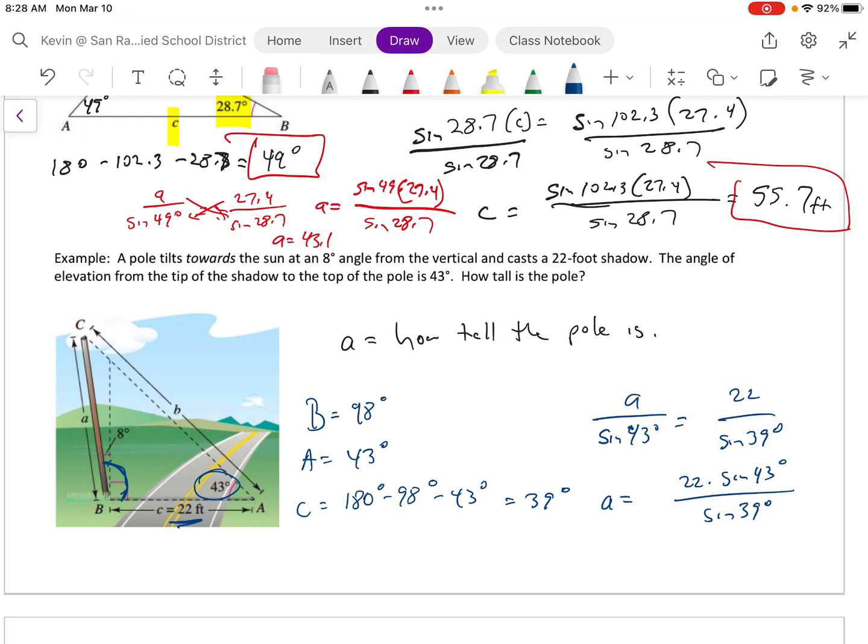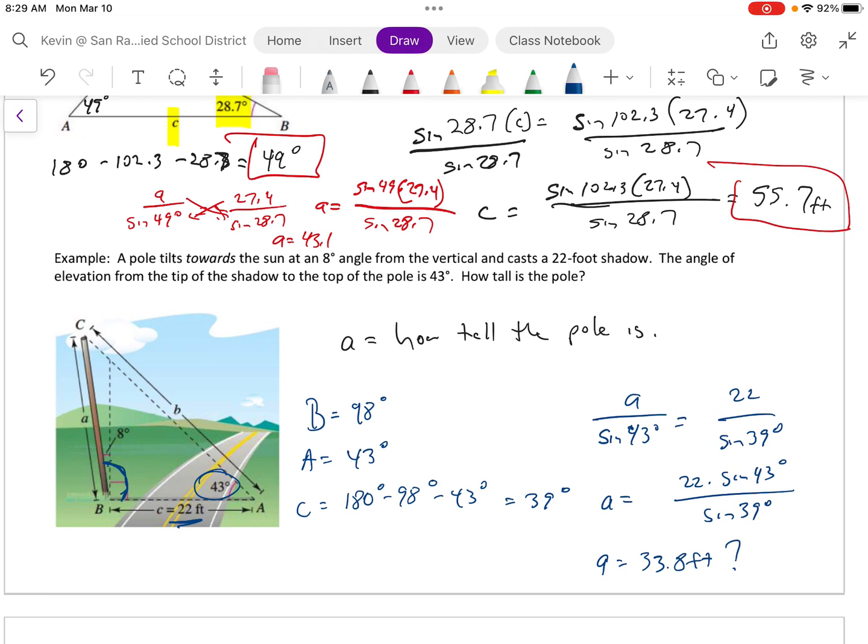And we divide that by the sine. Oops, hit the wrong button. Weird. The key says that the answer is 33.8 feet.